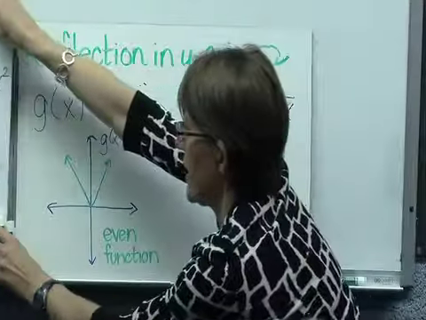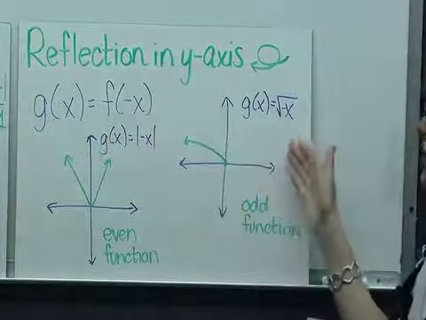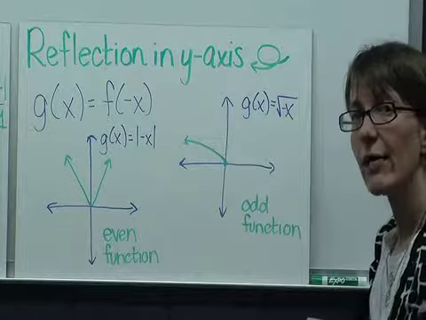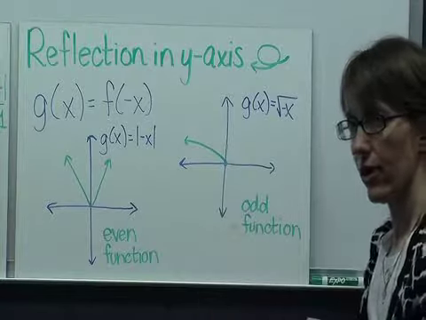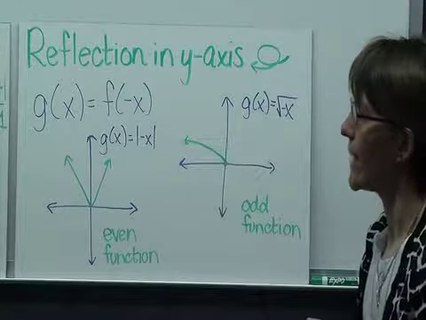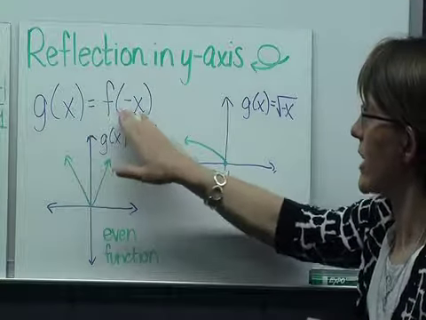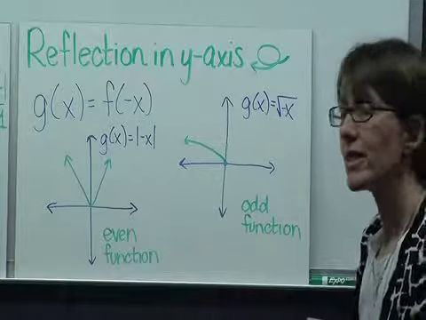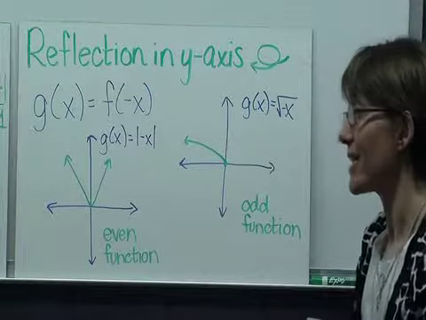All right, and our final transformation, one that fortunately we don't see all that much of, but it is important anyway in trigonometry especially, is reflection in the y-axis. Here I have g of x equals f of negative x. What does that do? It reflects the function in the y-axis.